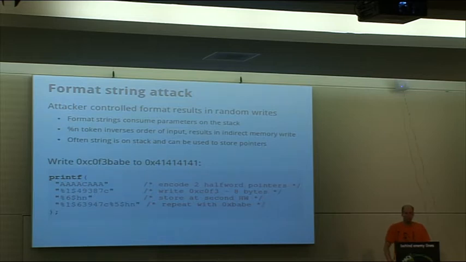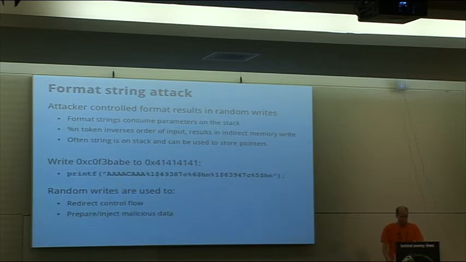And this way, it was very convenient to use these things, but they're also a huge security problem that can be used up until today. So these random writes that we have can then be used to redirect the control flow or to prepare and inject malicious data.